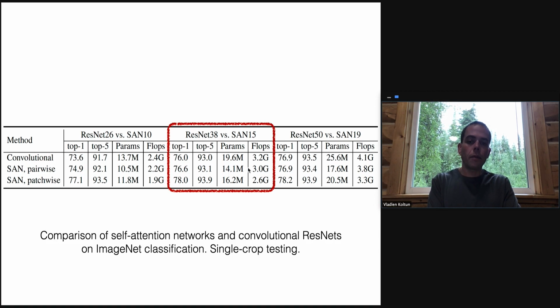It's actually much lighter and has a much lower number of parameters. It has a comparable number of flops, but it reaches and in fact somewhat surpasses the accuracy of ResNet 38. This is remarkable because this model does not use the convolution at all.